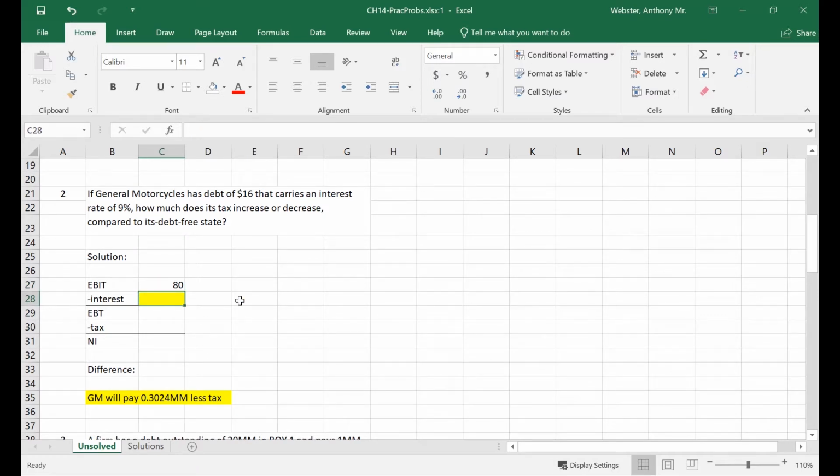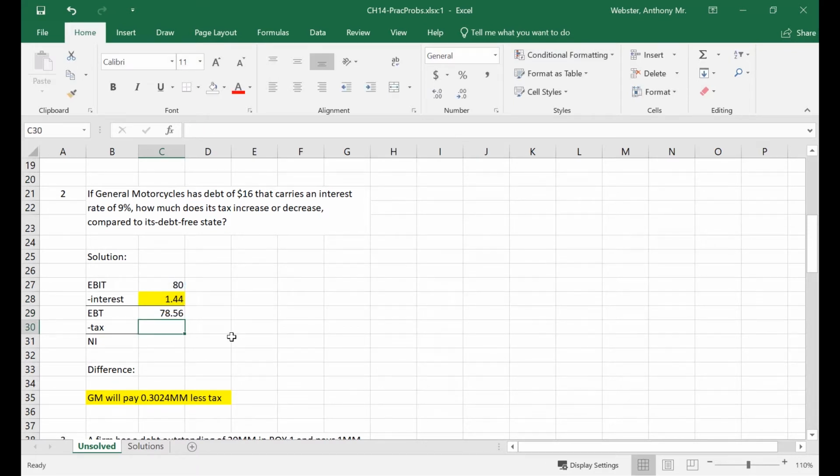But now we have an interest payment. Okay, so we need to get the interest. We need just the 9% times the 16. Okay, so that's 1.44. And now the earnings before tax is equal to the 80, the EBIT, minus the interest of 1.44.